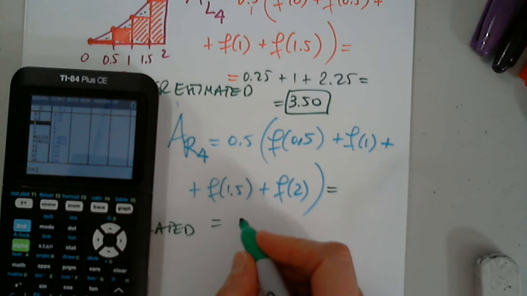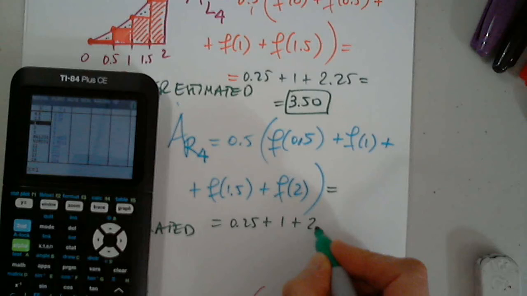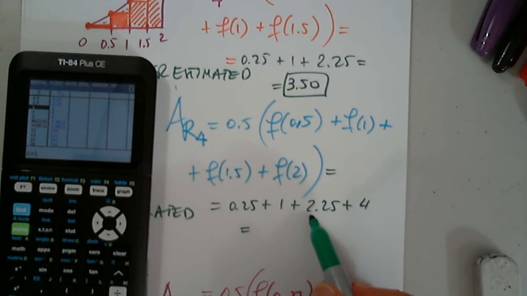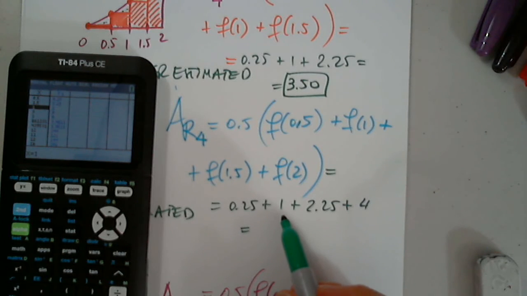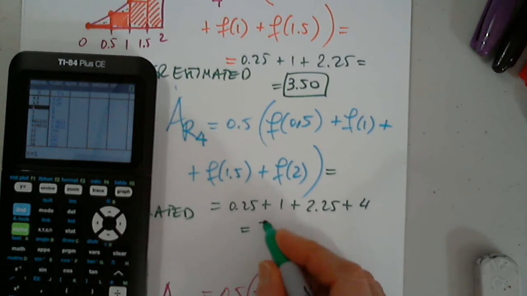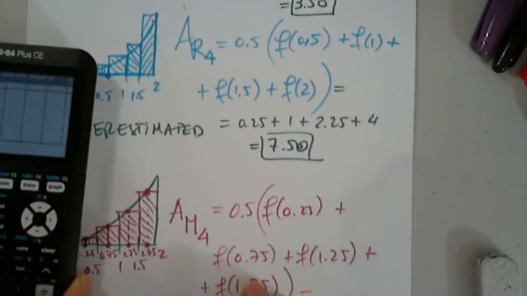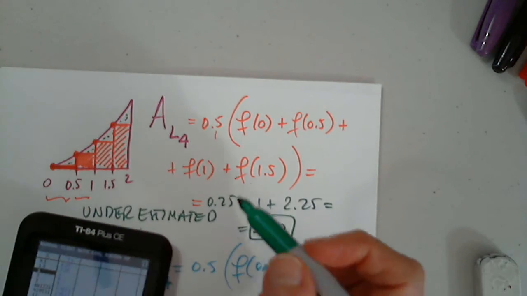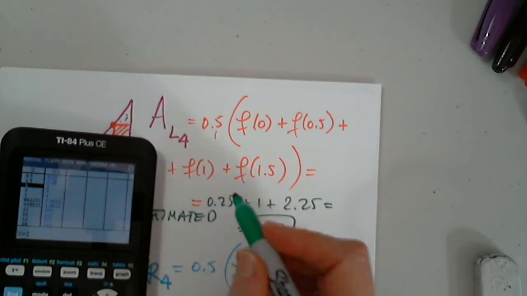The 0.5, of course, is 0.25, with 1, with 1.5 is 2.25, and with 2 is 4. So this is 7.5. Okay, the last one. Sorry, I forgot to multiply by 0.5.